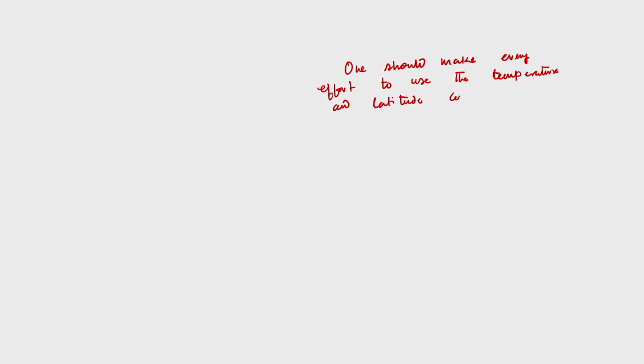So I am writing that one should make every effort to use the temperature and latitude correction supplied with this manometer.